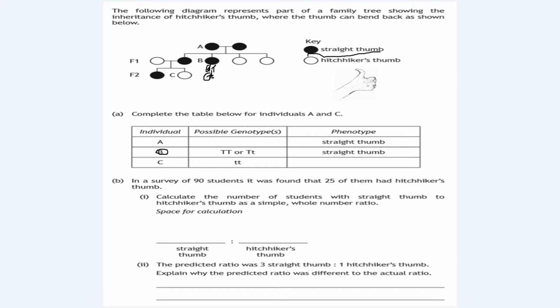So we can then now say that all of the white ones, which have got hitchhiker's thumbs, are going to be recessive. All of them are going to be small t, small t. And now we need to work out what A and B are.